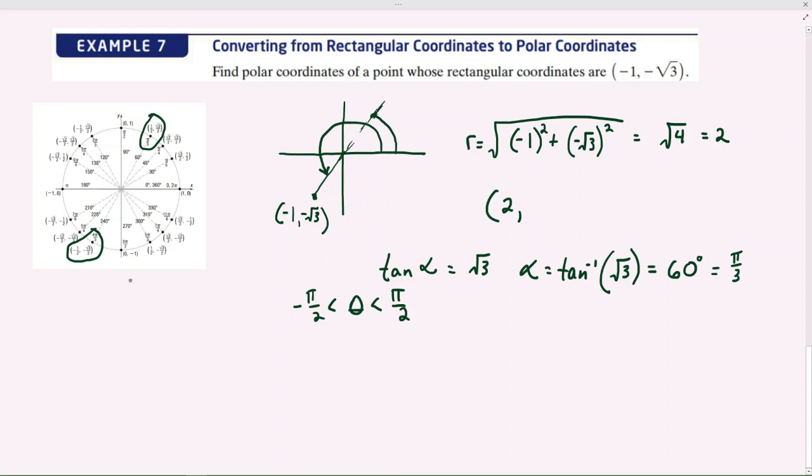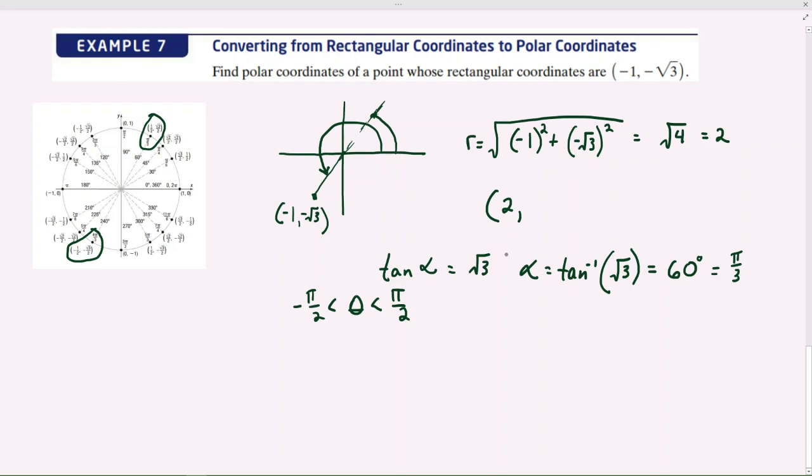Okay, so I've got 4pi/3, puts me in quadrant 3, and also has the same tangent, because here I'm taking negative square root of 3 over 2 divided by -1/2, and that would be positive square root of 3, and this would also be positive square root of 3.